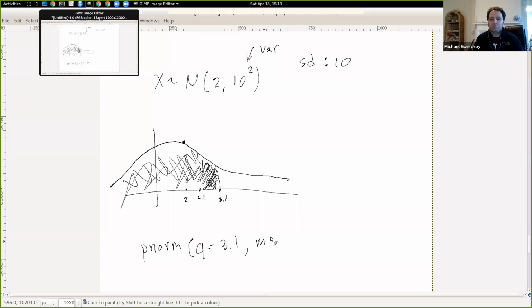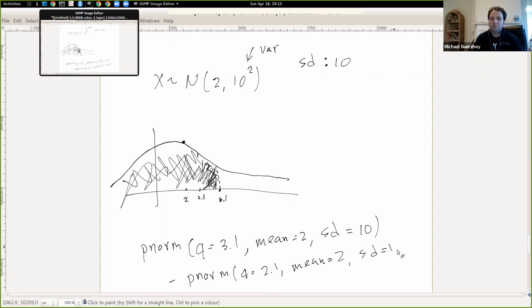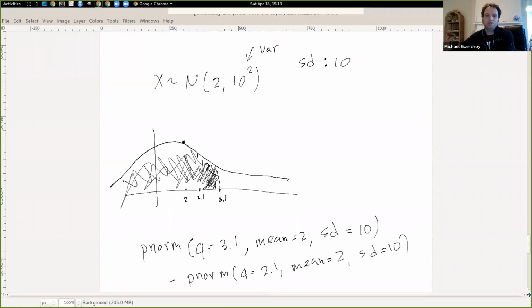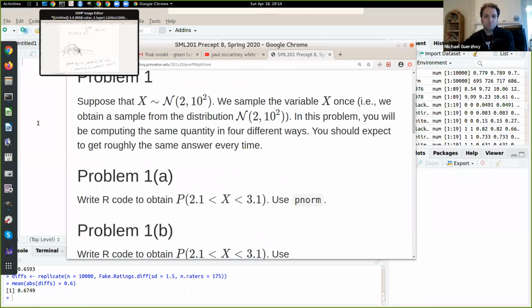Here we need to specify the mean, so the mean is 2, and we specify the SD, so SD is 10. Then we want to subtract pnorm of q equals 2.1, mean equals 2, SD equals 10. So this would be the solution. We can just type it in.